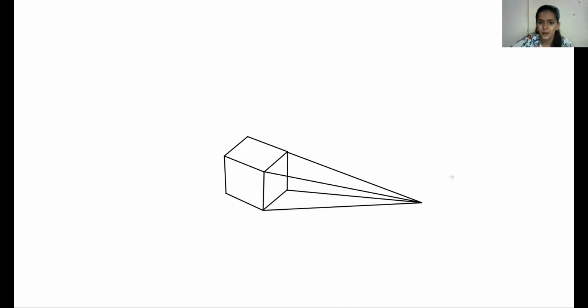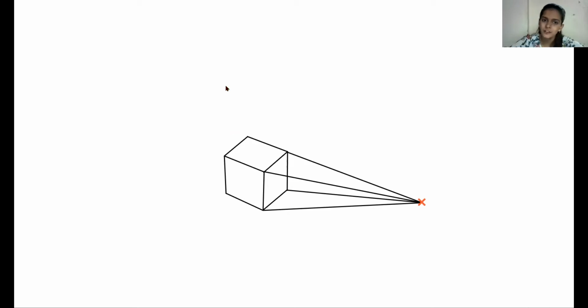So now this is 1-point perspective view because it's a single vanishing point over here. The four lines are meeting at a point that is known as vanishing point. And in this figure, it's one vanishing point only. So it's a 1-point perspective view.